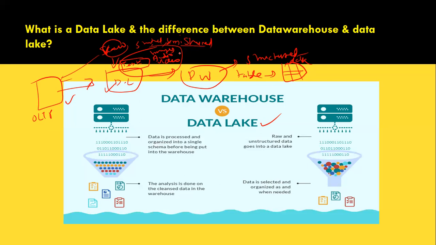A JSON file is not fully structured, and also it is not unstructured. It is semi-structured. And structured files are something like comma-separated value files. So those are the structured files. So in the data lake, we store structured, semi-structured, and unstructured data.